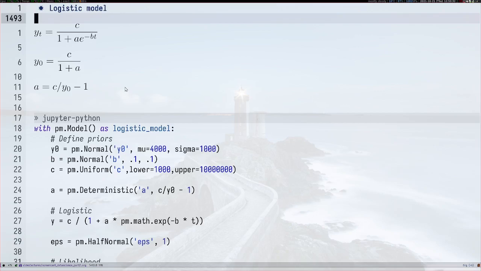And this might be easier to find a prior for. I know there is this plateau c, so I can have an attempt at understanding what that could be, and there is this number of cases at the start, y0, and I can find a prior for that. Then when I have these two priors, I can get my prior for a. And I'm going to show you how you can do this in pymc3.